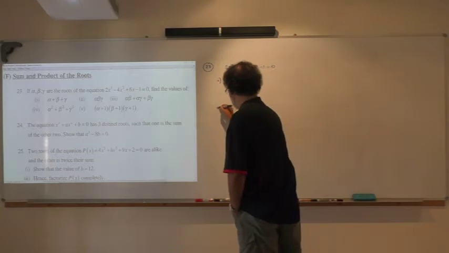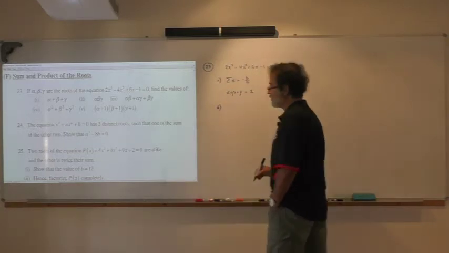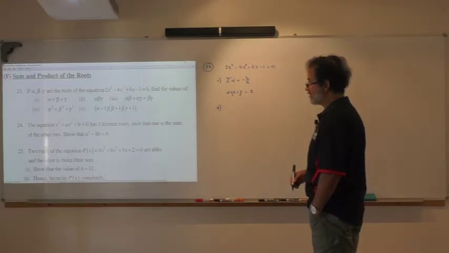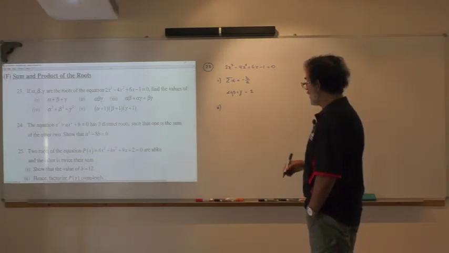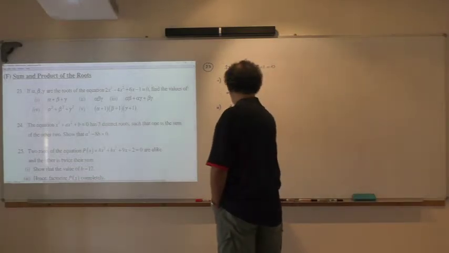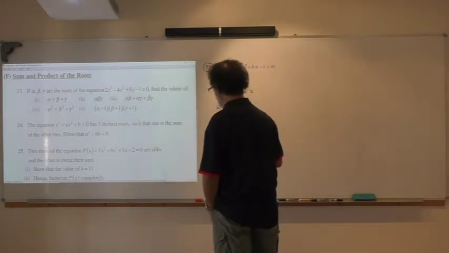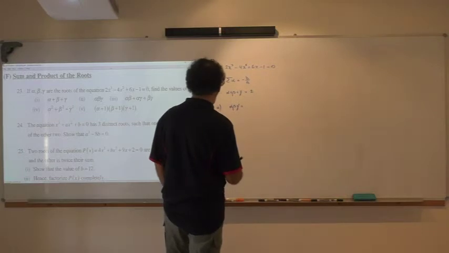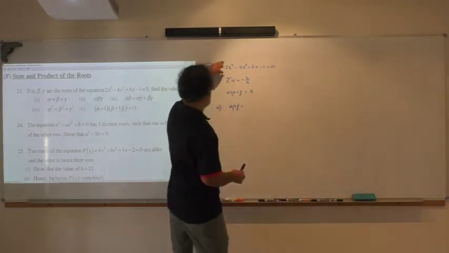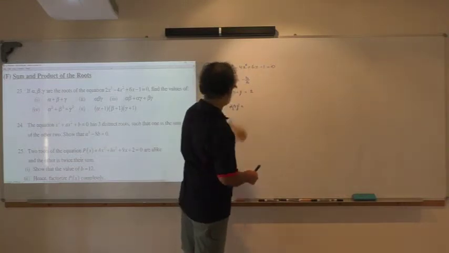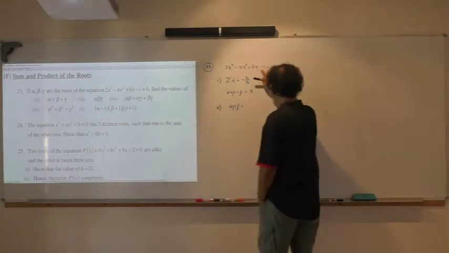The second part, we have to find the multiplication of the roots. For that one, we have a formula. So alpha beta gamma is equal to minus d on a.